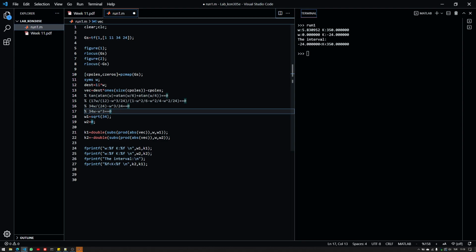Now we acquired the positions of the crossings. One of them was on the negative root locus with a 0, so the origin, and the other one was on the positive root locus with a value of square root 34. Now this utilized the angle condition, and then we looked for the gain condition where we took the absolute value of the vector constructed here, and then took the product of each element.